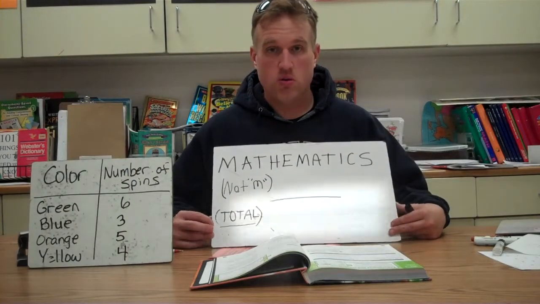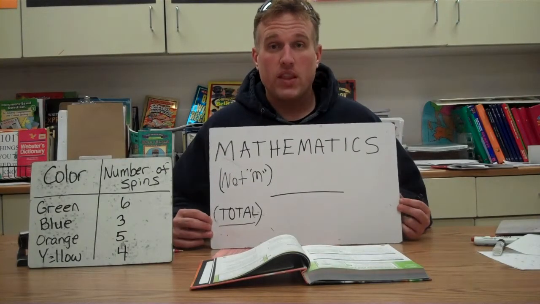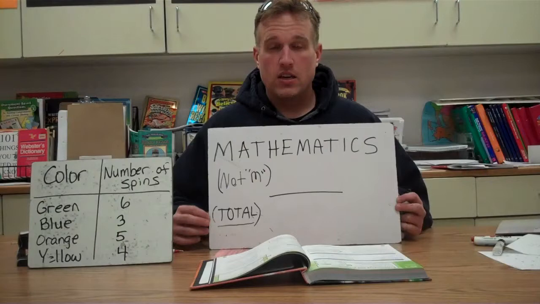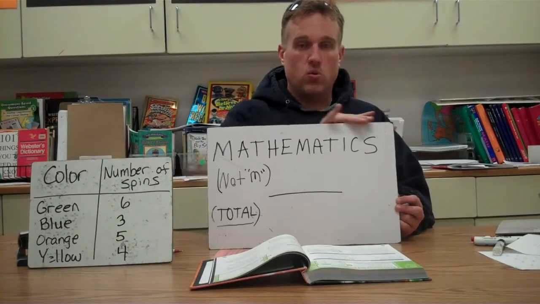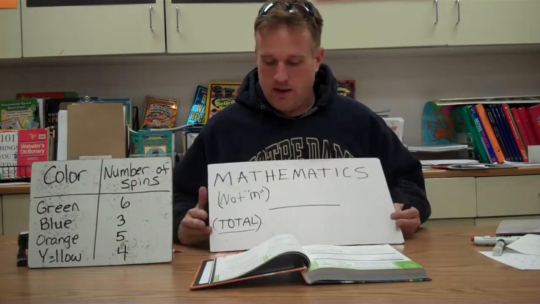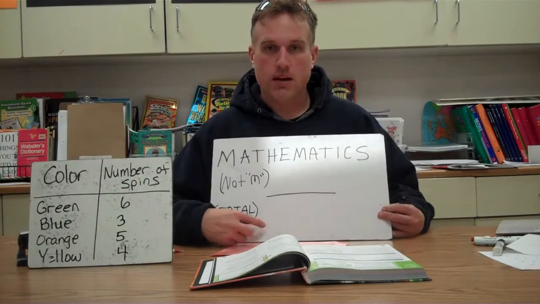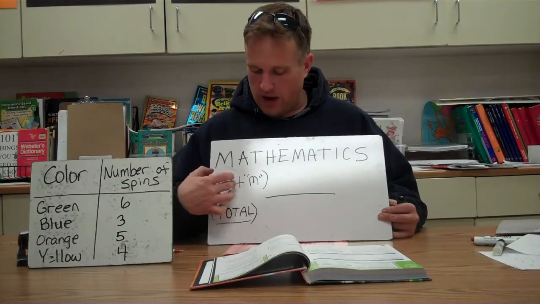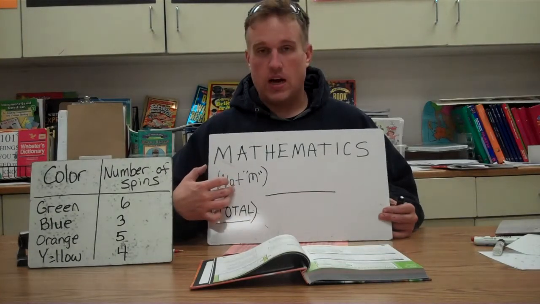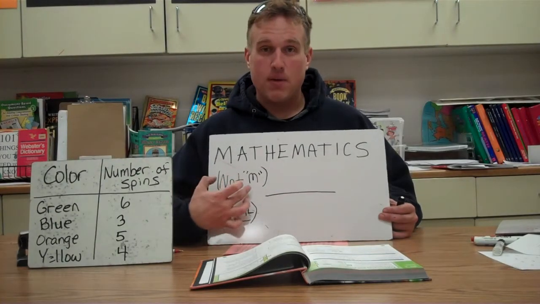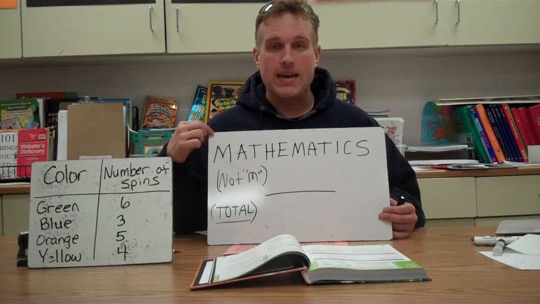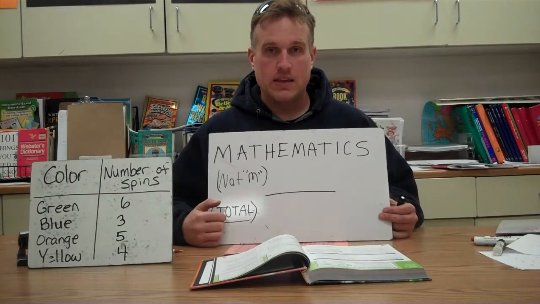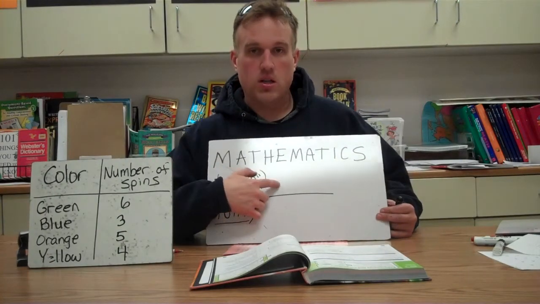We're going to find the total, which would be the total number of letters in the word mathematics. You're going to have to count every letter in the word mathematics. That number will go on the bottom. And on the top, you're going to find how many letters are not M.